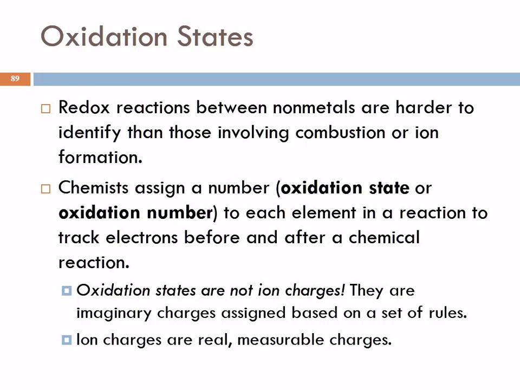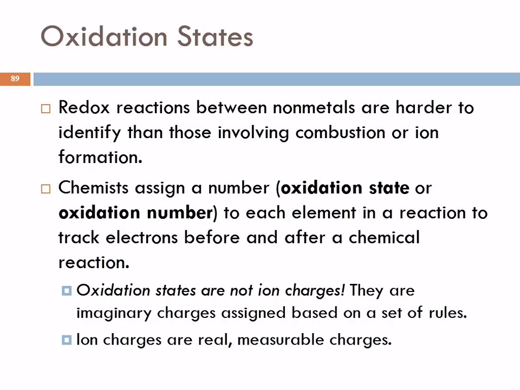Does that mean the kid with the jersey number 11 is 11 years old? Not necessarily. It was just sort of a coincidence. They happen to be the same, but your age and your jersey number are not exactly the same thing. An oxidation state is not the same as an ionic charge. And what's confusing is it's often the same number.